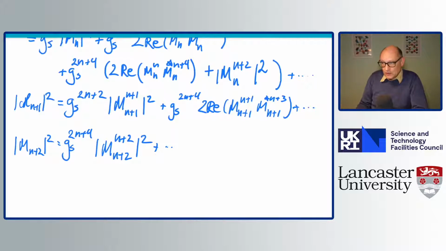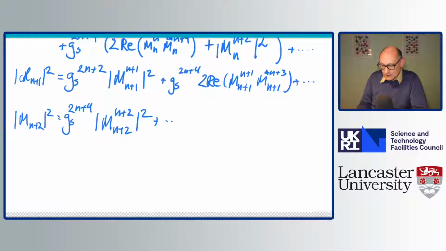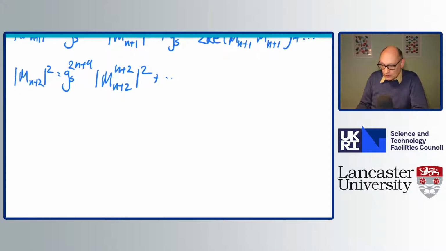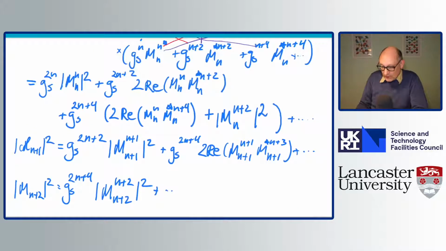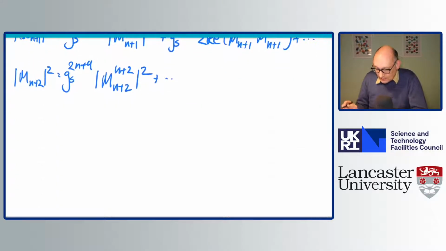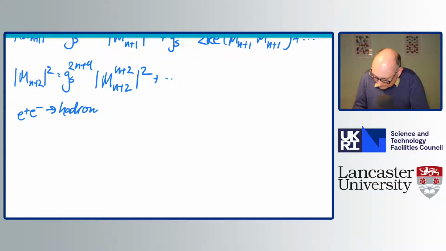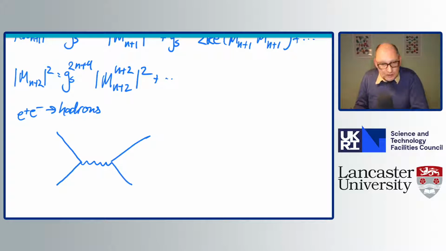But let's see what actually happens when one calculates an amplitude for virtual corrections or an amplitude for higher orders. Let's specifically look at e plus e minus to hadrons, right? So we would have e plus e minus to hadrons, q q bar.